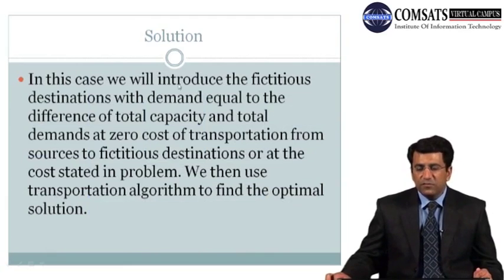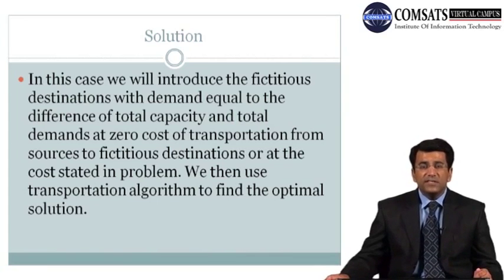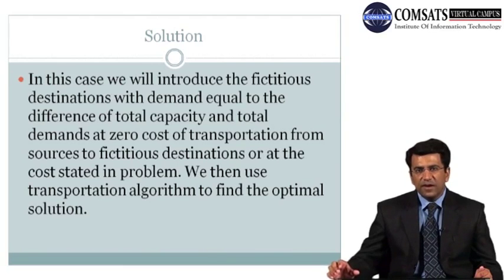Students, in this particular case we will introduce a fictitious destination with demand equal to the difference of total capacity and total demand, at zero cost of transportation from the sources to the fictitious destination, or at the cost stated in the problem. You must remember, students, that we have already discussed these 2 situations very briefly: whenever your demand is less than supply, we can introduce a dummy destination or a fictitious destination in order to meet the difference between demand and supply.